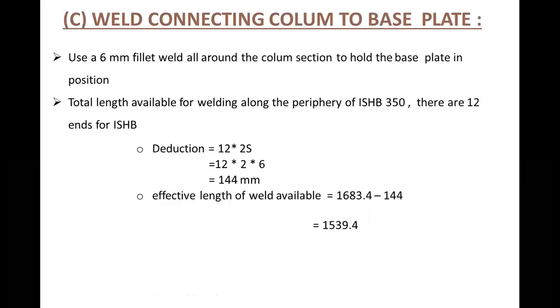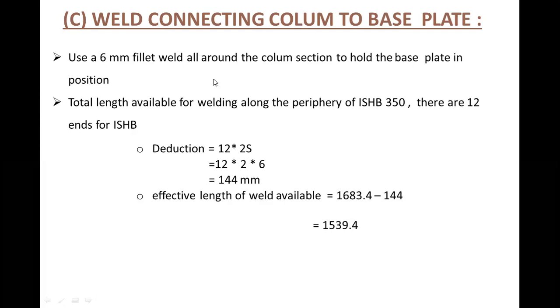Next is the weld connecting column to base plate. Use a 6 mm fillet weld all around the column section to hold the base plate in position. The total length available for welding along the periphery of ISHB 350 is 1683.4 mm. There are 12 ends for the ISHB, so the deduction is 12 multiplied by the throat thickness, which is 2 multiplied by S, where S means the size of weld.